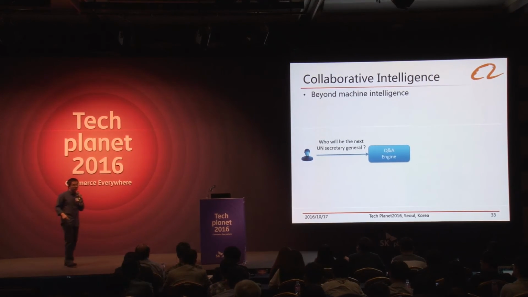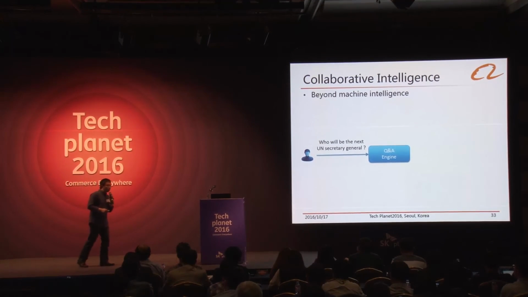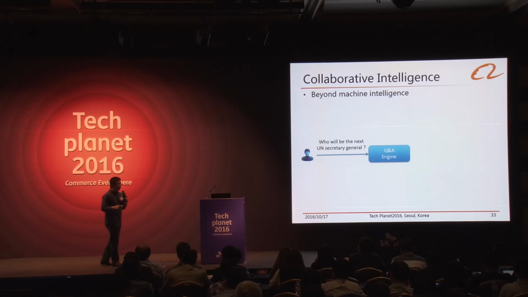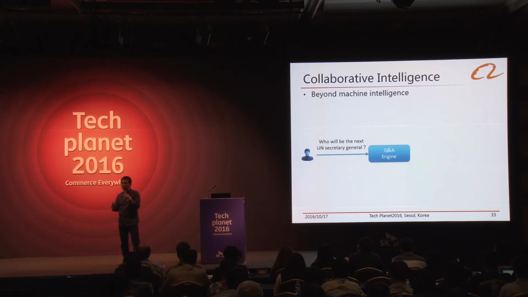So the question is, can we fully leverage not only the data and the computational power, but also the intelligence of these 500 million people behind the platform to create one single integrated intelligent platform?